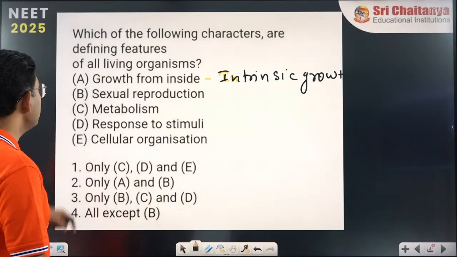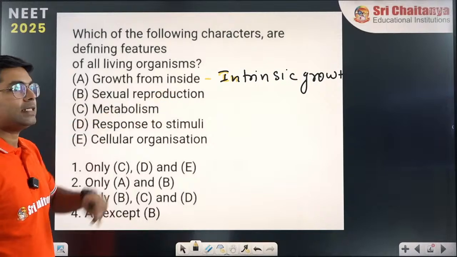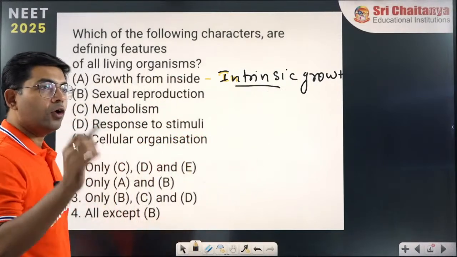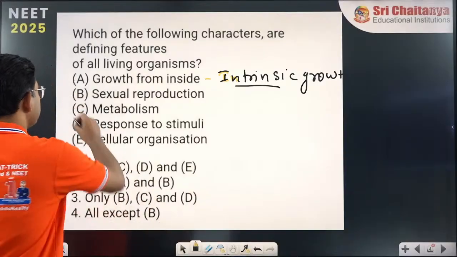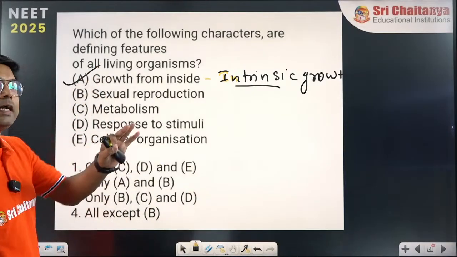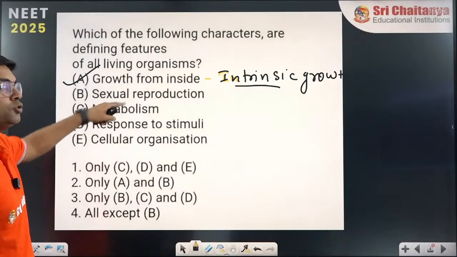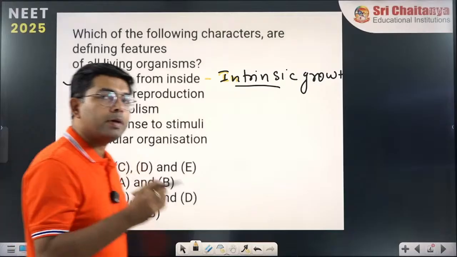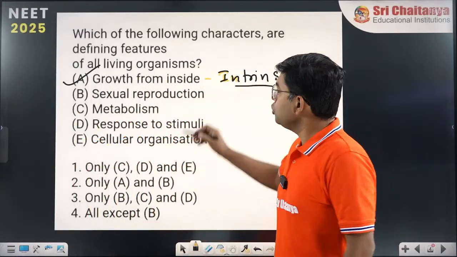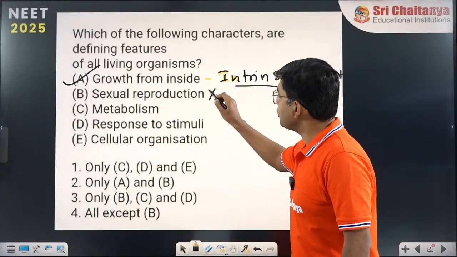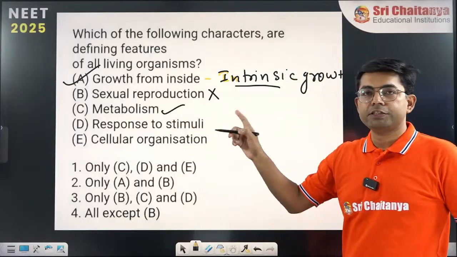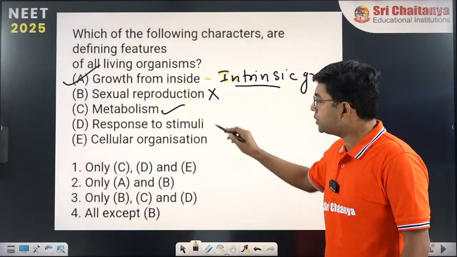The first, growth from inside, that is intrinsic growth. Of course, it is a defining feature. Sexual reproduction: we have already seen that there are many living organisms which do not reproduce, so sexual reproduction is not a defining feature. Metabolism, a defining feature: anabolism and catabolism.